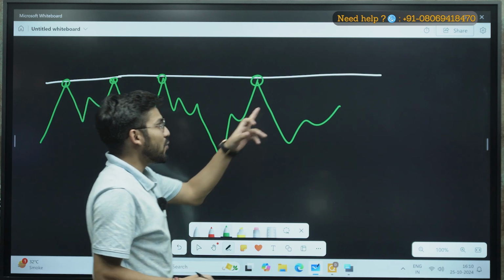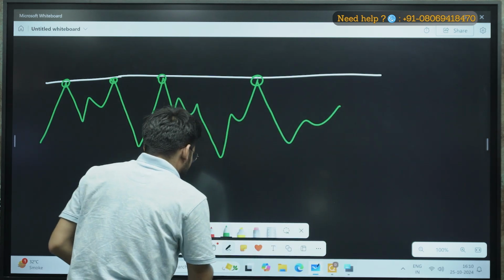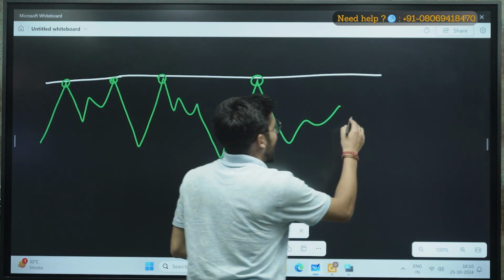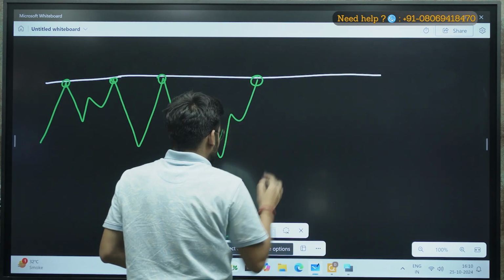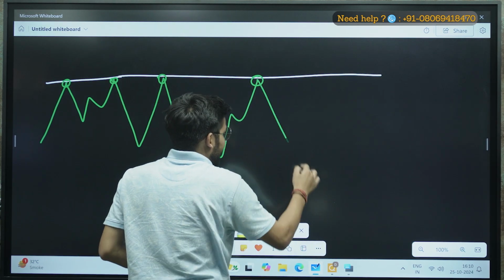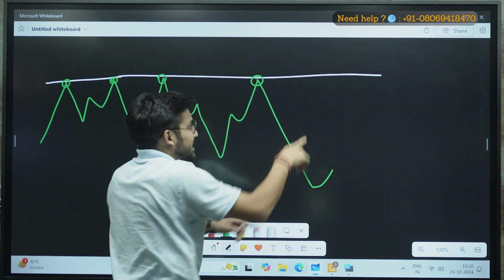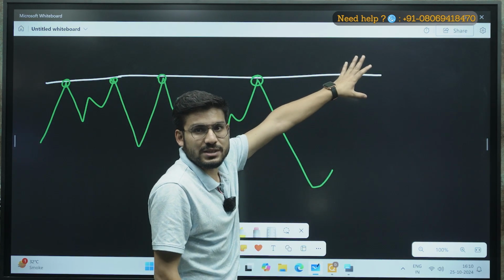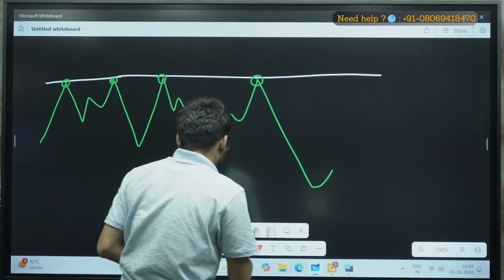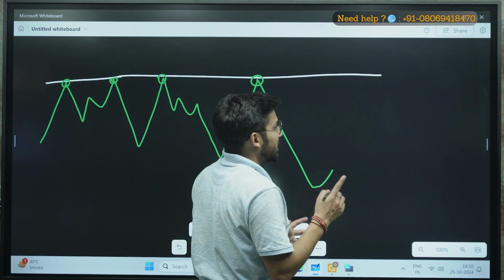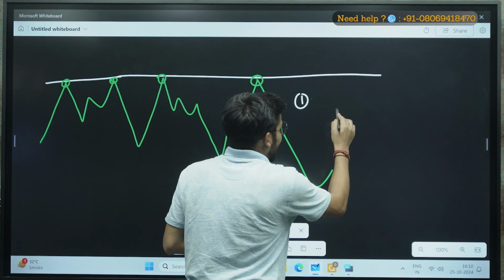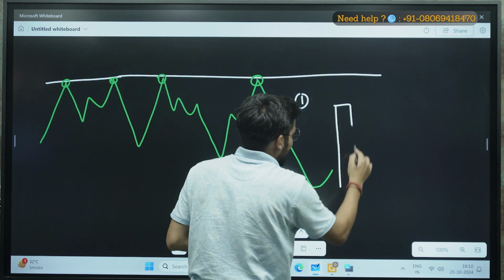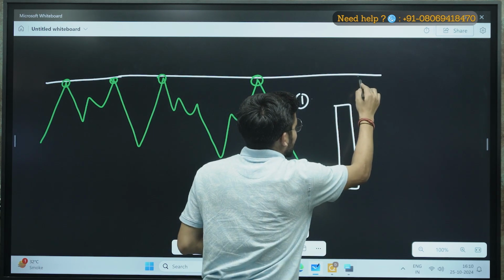Now while going to this level, assume my market is currently here, and now my market started moving upwards to this resistance. Now there are two conditions. For the first condition, the candles are somehow like this, and then somehow like this.